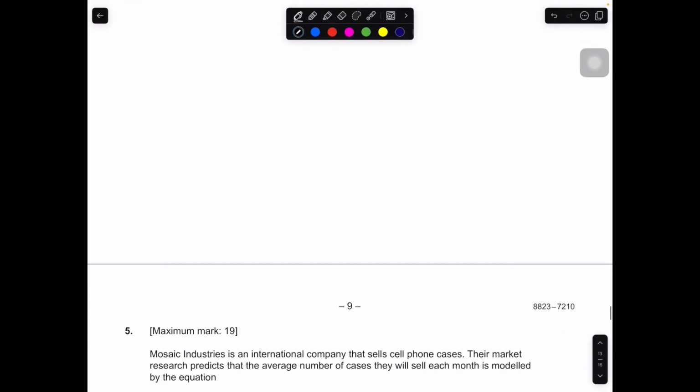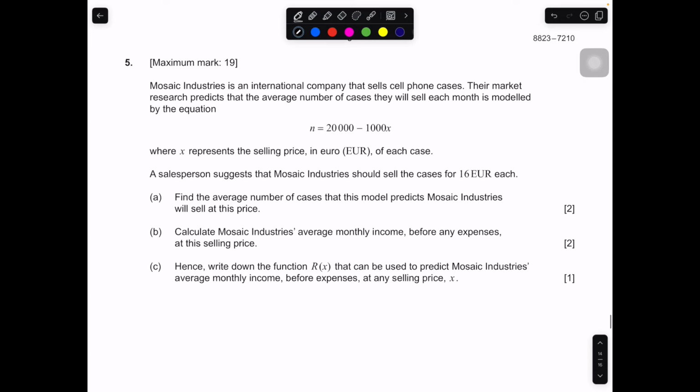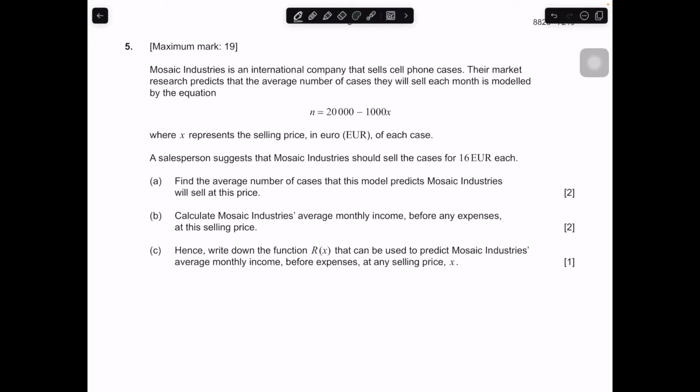All right. Okay. Last question, and let's see what we can do. Mosaic Industries is an international company that sells cell phone cases. Their market research predicts that the average number of cases they will sell each month can be modeled by this equation, where x represents the selling price in euro of each case.